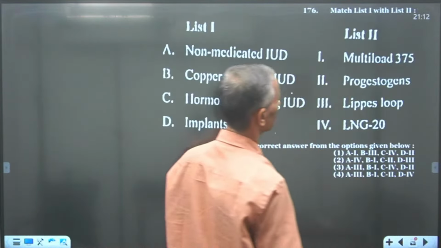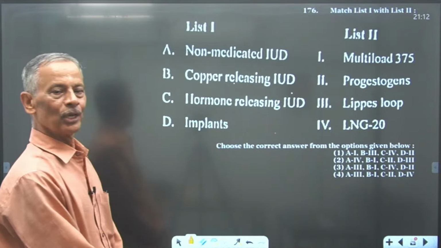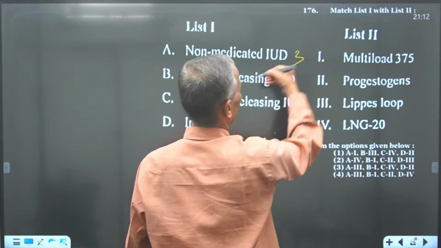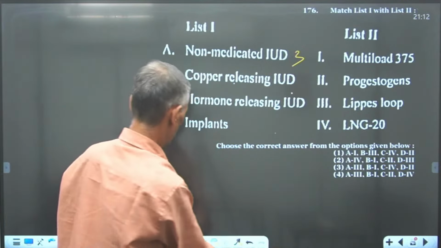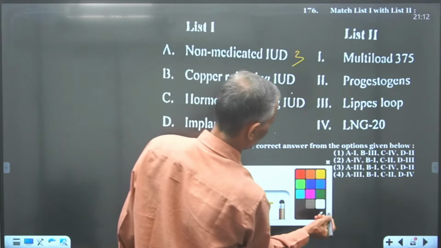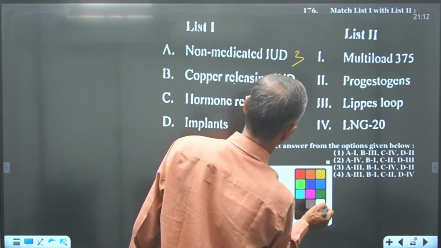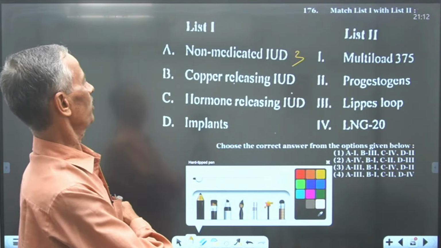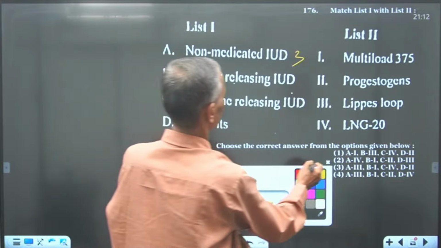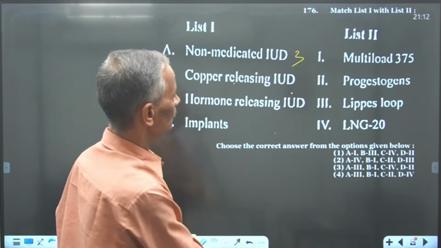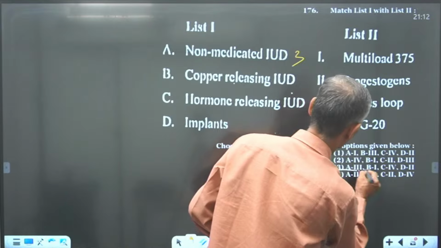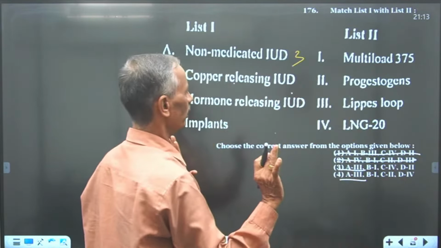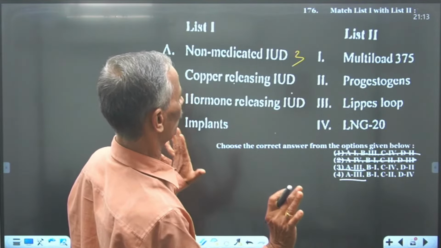Non-medicated IUD. Lippes loop is the classical Lippes loop where there is no medication or medicated structures. It is non-medicated. No hormone, no chemicals. Copper releasing. See, you cannot immediately come to the answer. There are two answers. You can eliminate only 1 and 2. So 1 and 2 cannot be the answer, only 3 or 4.